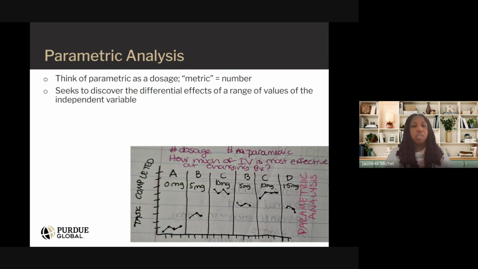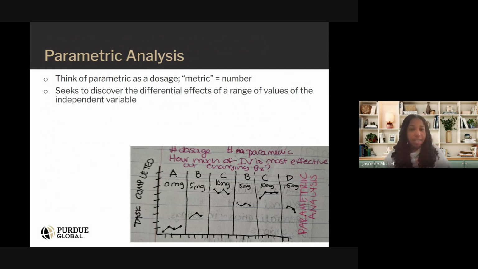Now, in this case, section A is at 0 and it is very low. Section B is at 5 milligrams. It's all right, but it's not what we want. But you can see section D, this is 10 milligrams of Adderall. It's skyrocketed compared to any of these interventions here. But we're going to double check.